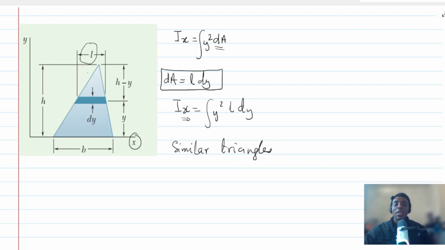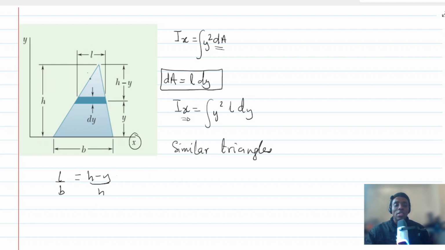From there we can write that L divided by B is the same as H minus Y divided by H. Think about it this way.